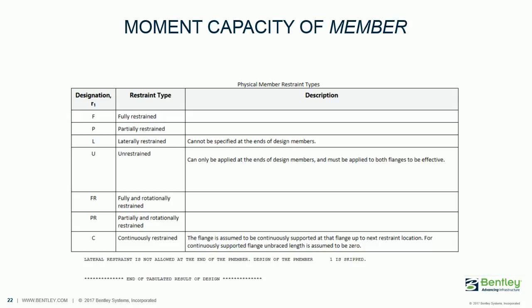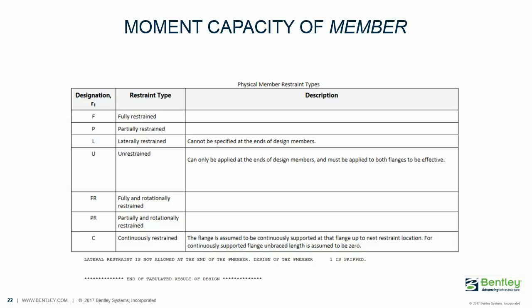And the next one is FR, fully and rotationally restrained. And the next is PR, partially and rotationally restrained. Now, this FR or PR is very important. For example, the code defines different types of buckling condition, or different types of displacement that can be restricted. One of the displacements is rotating about the minor axis, not about the major axis.